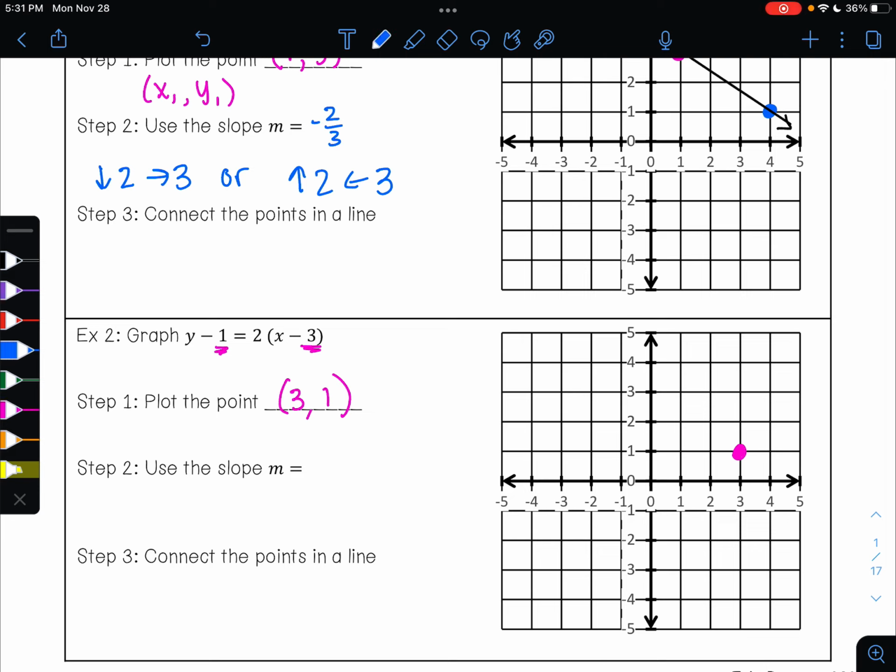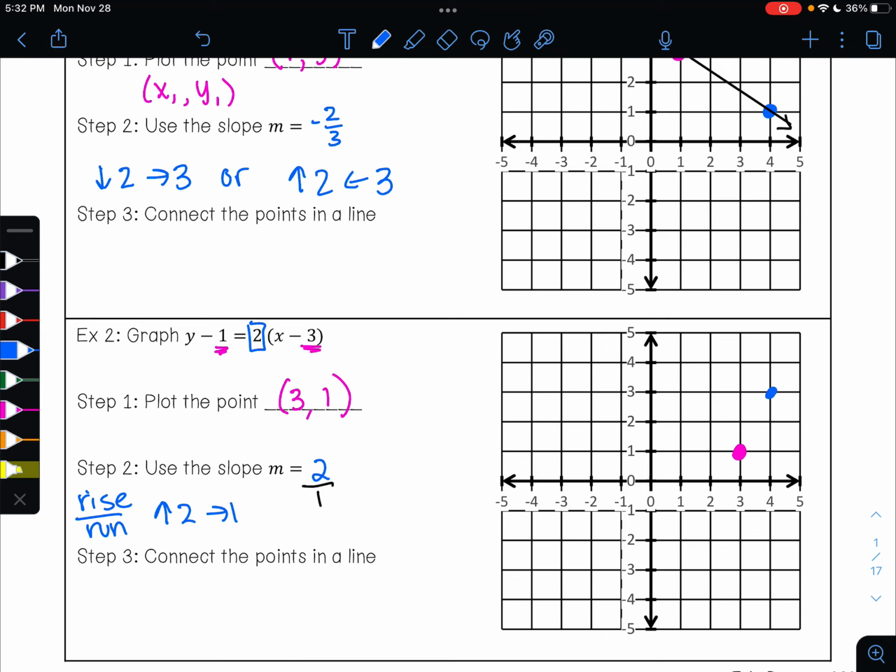My slope, m, is 2. If it helps you, you can think of this 2 as 2 over 1. So when I use rise over run, that means I'm going to go up 2 and to the right 1. So from this point, up 2 over 1.